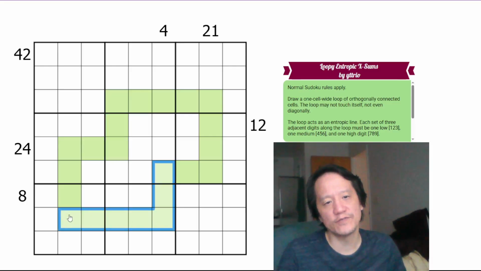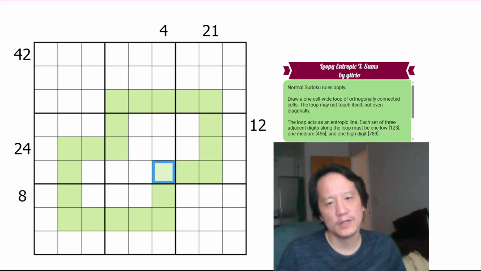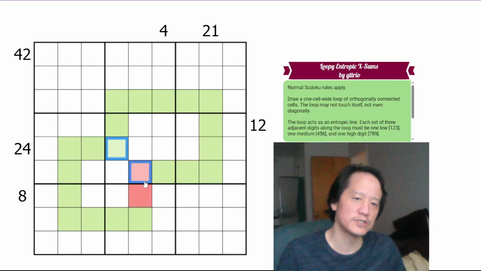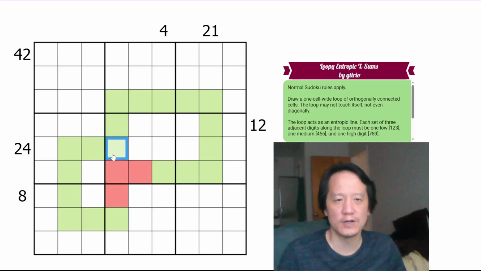So this is a valid 1-cell wide orthogonally connected loop. This would not be, because this would essentially be considered touching itself. It's touching itself diagonally. This also would not be, because it would be touching itself orthogonally.